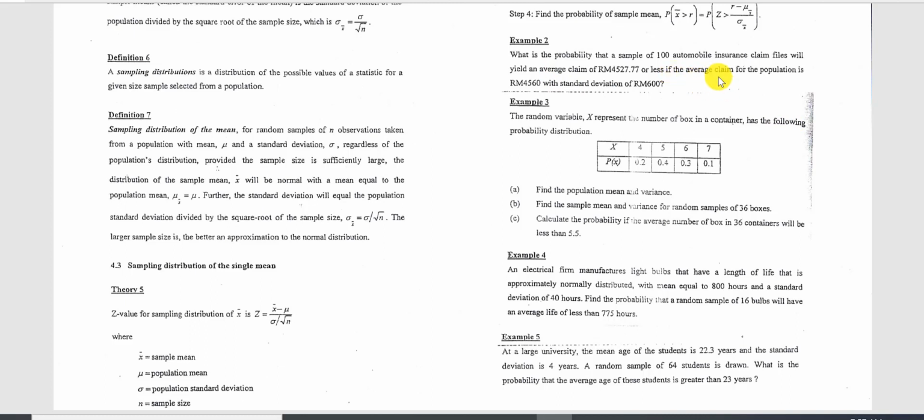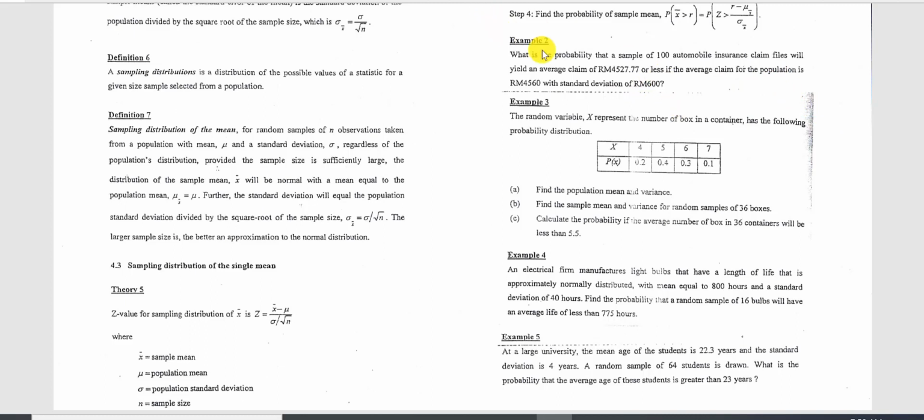If the average claim for the population is 4560 with standard deviation of 600. That means this is your mean of population, and the standard deviation of your population is 600.